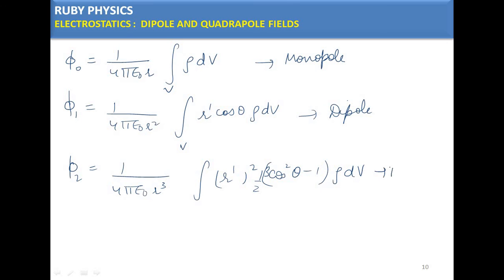This term will be the quadrupole. So these are the terms for the monopole, dipole and quadrupole. If you are given the rho, you can find the dipole or quadrupole potential if it is asked. I hope the whole topic is clear.